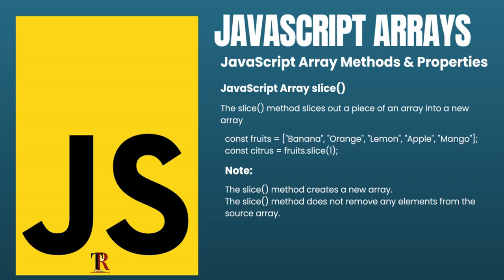And in this lesson, we will take a look at another method when working with JavaScript arrays. Remember that in the last lesson, we talked about how you can use the splice method to remove items from your array.